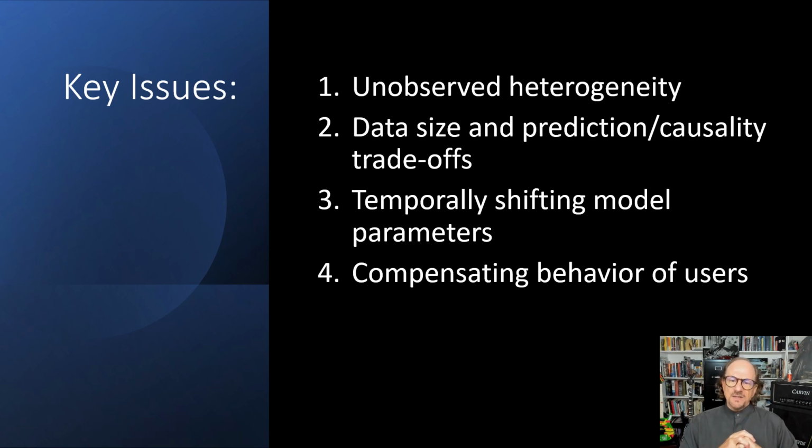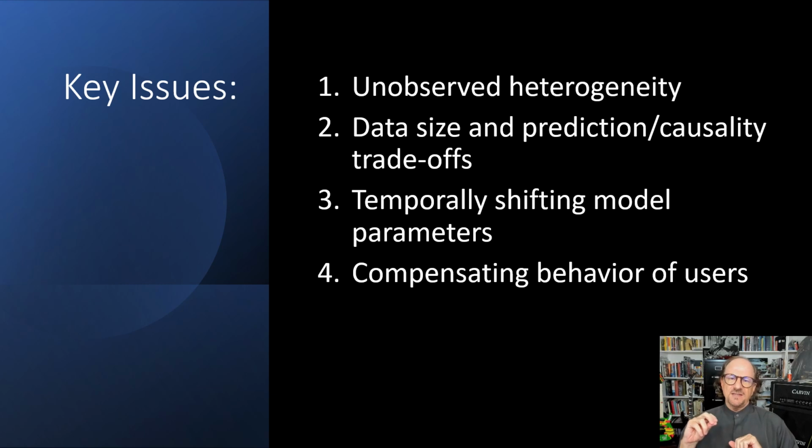The next one is going to be data size and the prediction causality trade-off. So in years past, you have a couple thousand observations. That's about the maximum data size that you would get. But in today's environment, you can have hundreds of thousands, millions of observations.